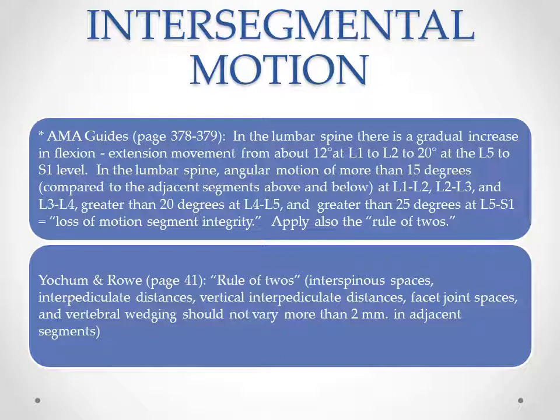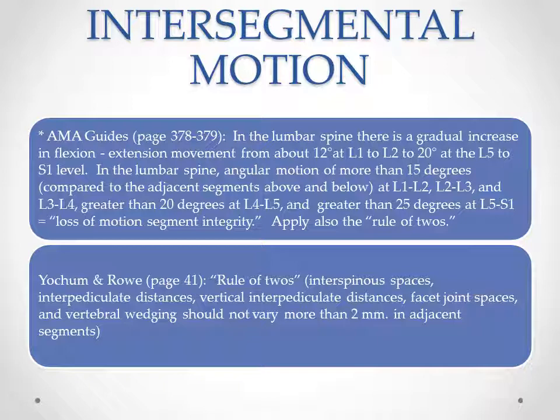They tell us on pages 378 and 379, it says, in the lumbar spine, there is a gradual increase in flexion extension movements from about 12 degrees at L1 to L2 to 20 degrees at L5, S1.